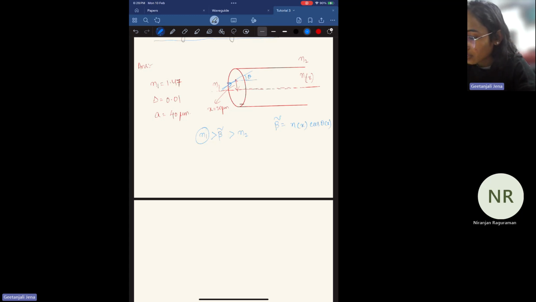Now at x equal to 20, what is the maximum value beta tilde can have? Beta tilde can have n(x) at x equal to 20. So that means the N1 here is n(x) at x equal to 20, not N1.